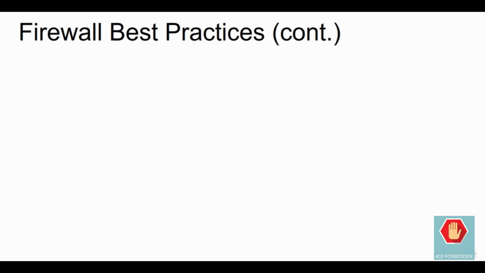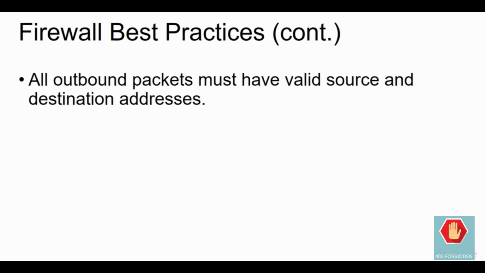Some additional firewall configuration best practices include: any outbound packet must have a valid source and destination address. That means it must have a source address that is in your internal network and a destination address that is not on your internal network.